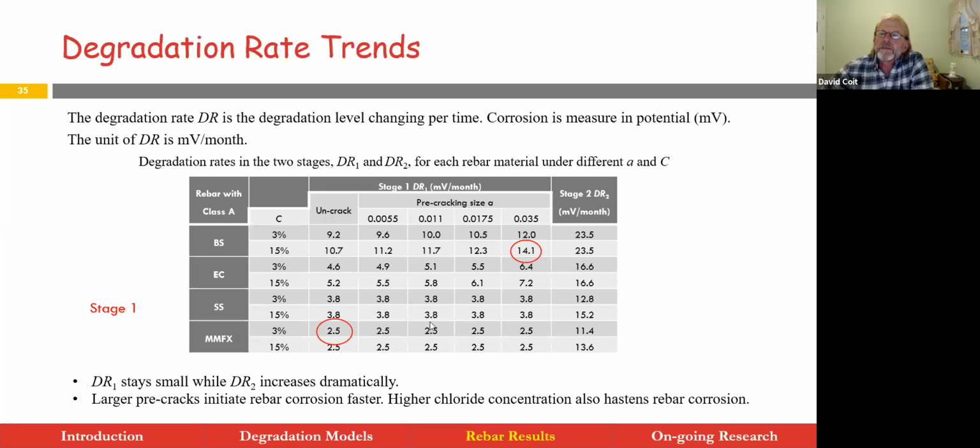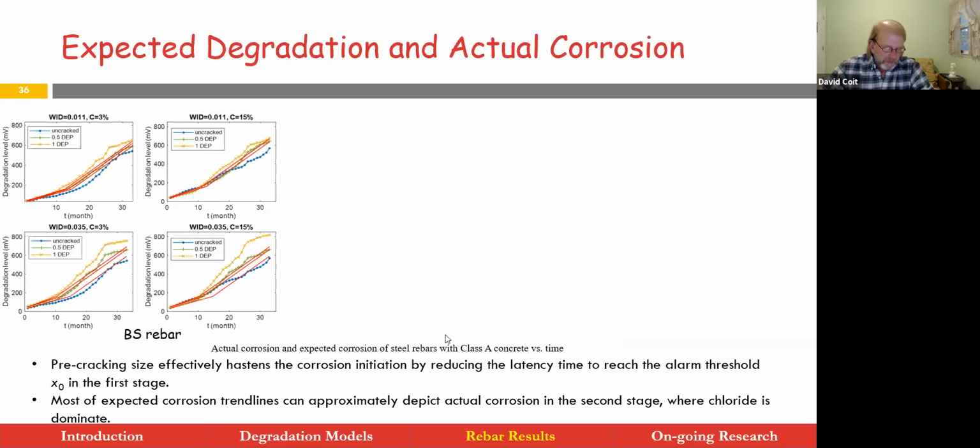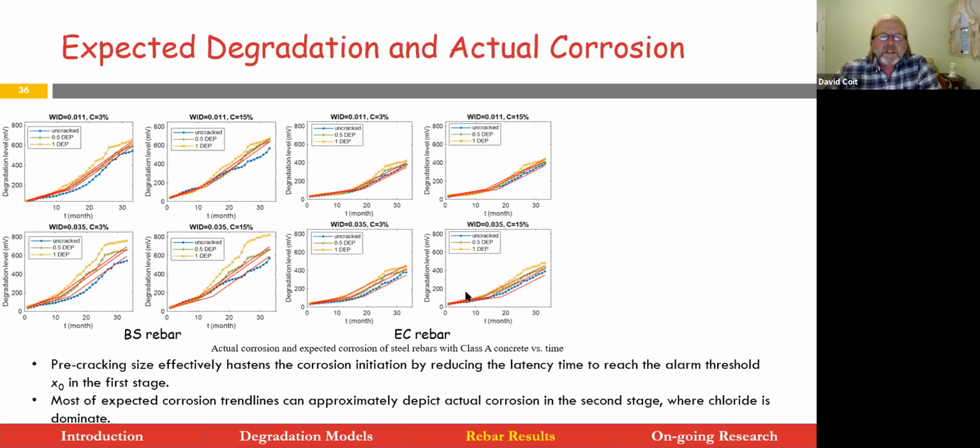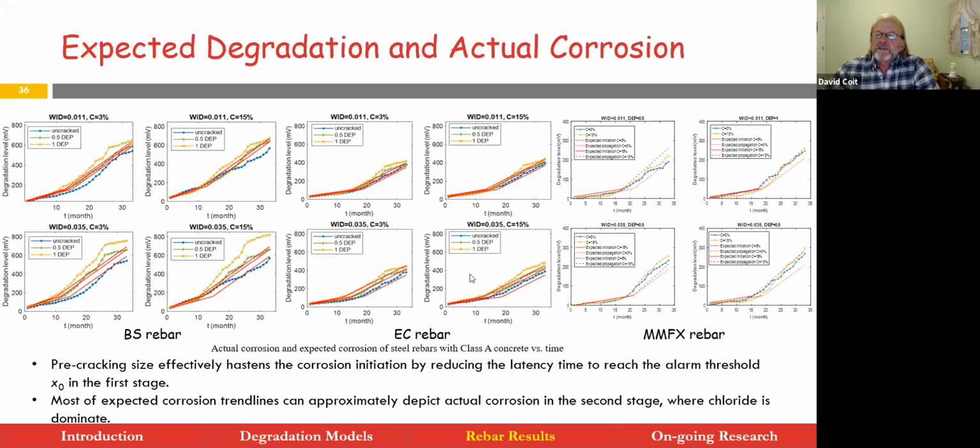In stage 2, we see much higher degradation rate. Not a surprise. Now, this is for all materials. Well, we don't have space here. This is just for 3 of the 4, but actual data versus our model. Notice the distinctive shift from stage 1 to stage 2.